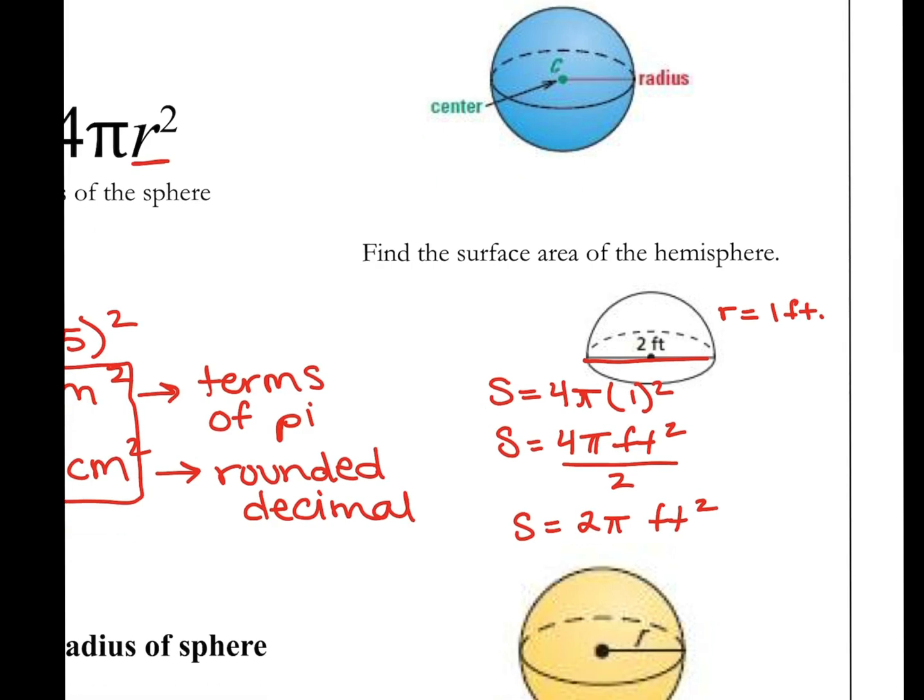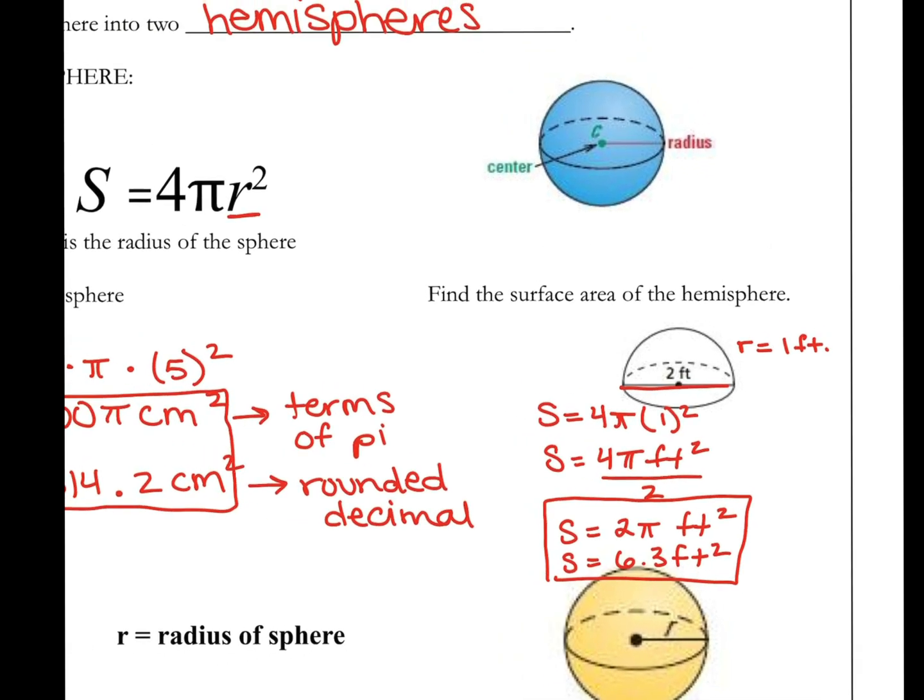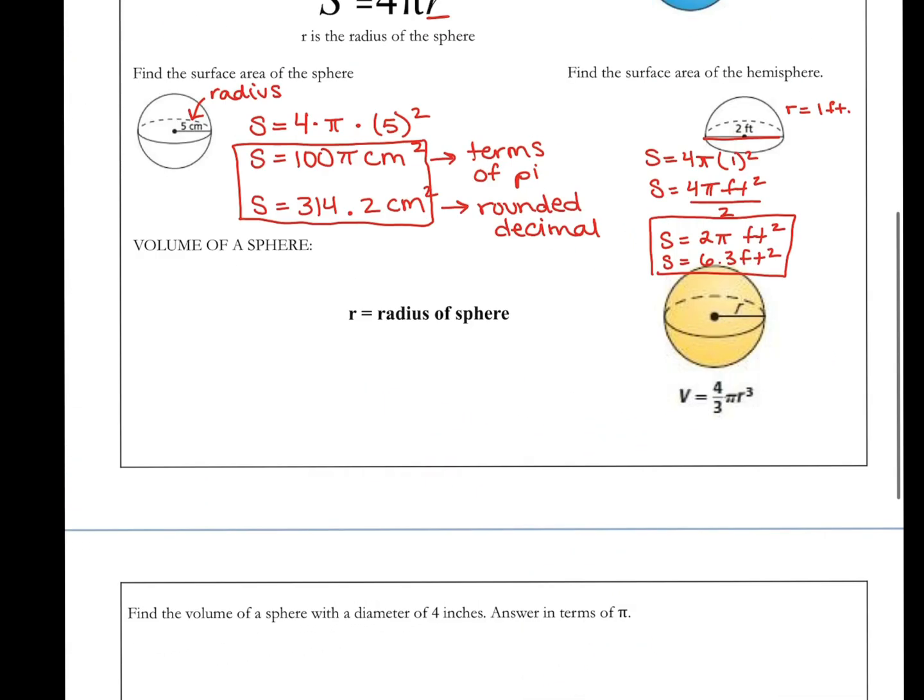If they ask you to round this to the nearest decimal place, you would multiply 2 times pi in your calculator, and to 1 decimal place you should get 6.3 feet squared. Both of these answers are equal and both correct. The next formula in this concept is the volume of a sphere.